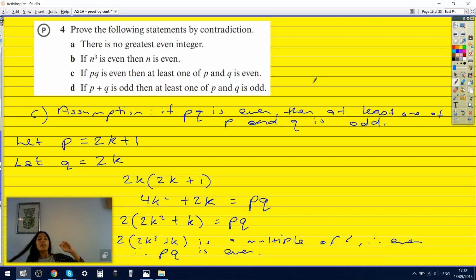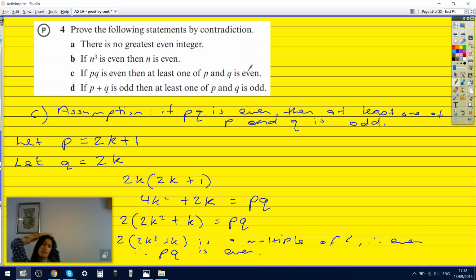We've shown that PQ is even. At least one of these was odd. Is that the opposite of saying that? Is that the negation, the correct way? I believe so. Oh, hang on. If at least one... Because isn't that just the same as saying one is odd? Yeah, if at least... Yes.